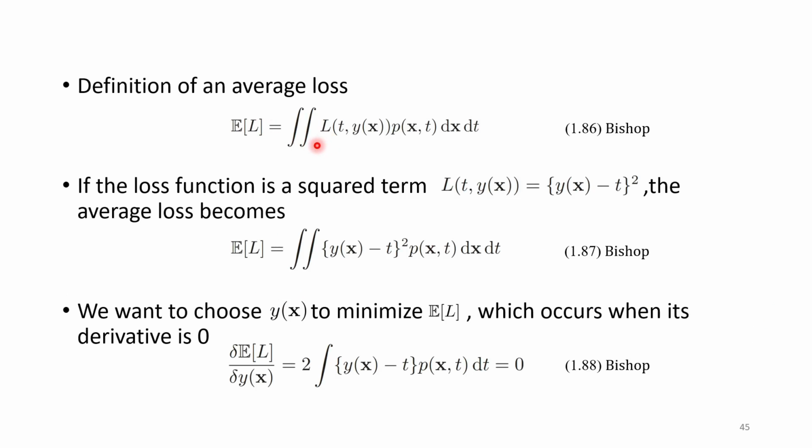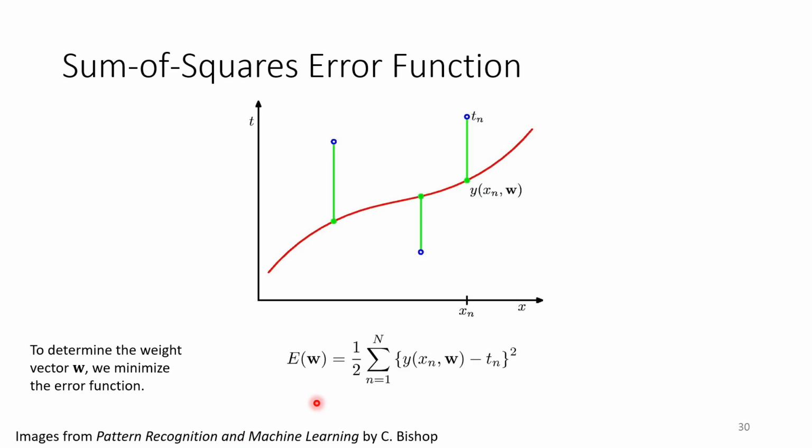What is the loss? The loss is the difference of the observed value with respect to its expected value, and we sum them up to get a loss term.